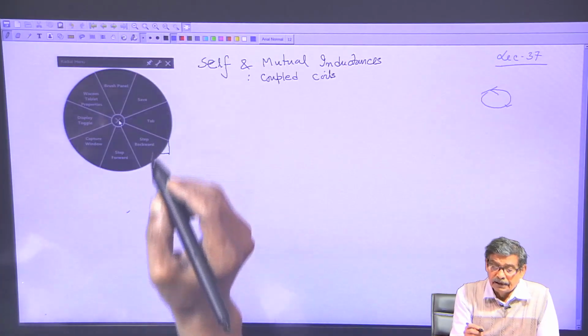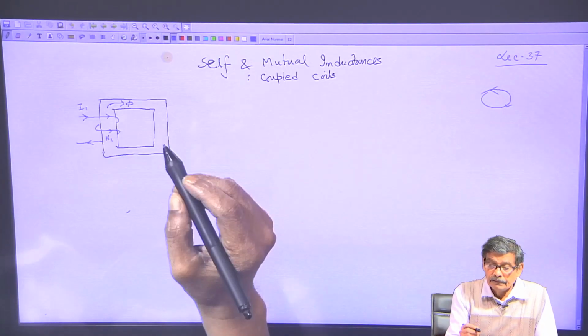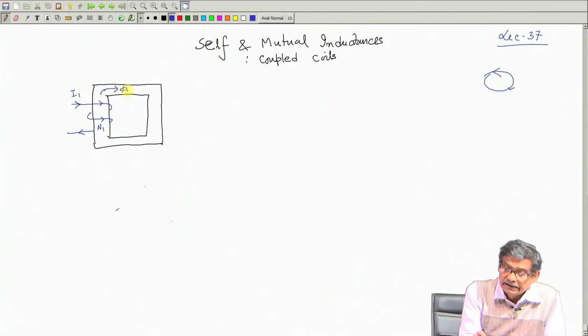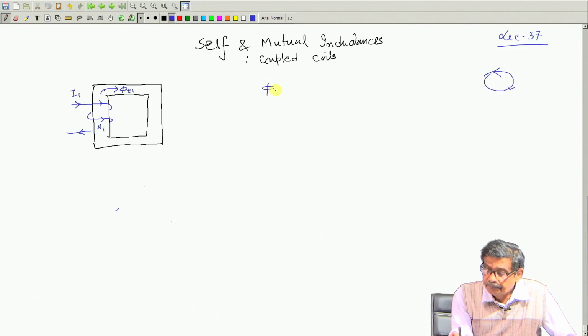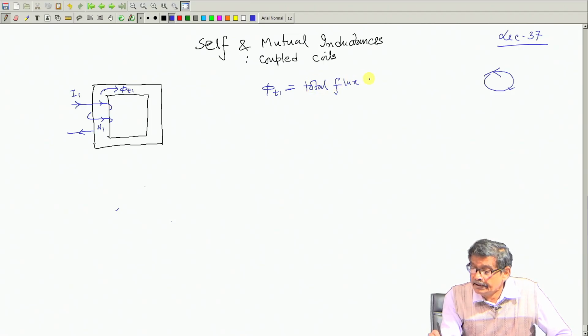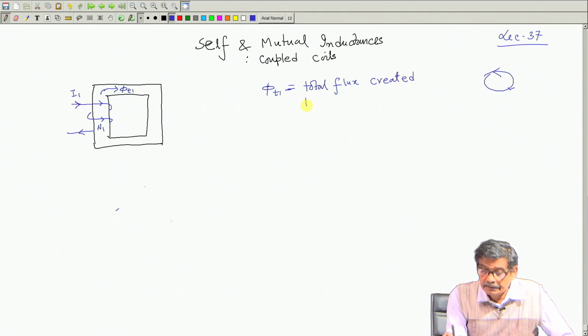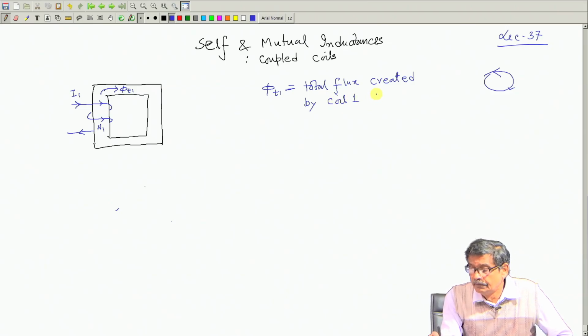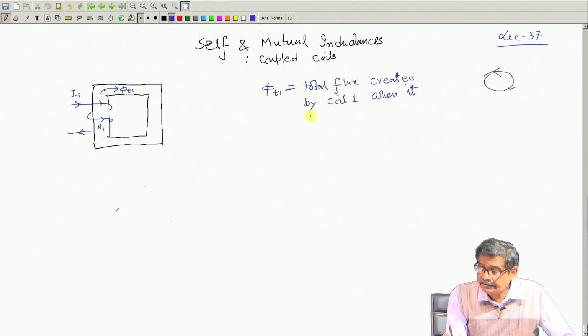This flux is called the total flux created by the coil. So, phi T 1 is the total flux created by coil 1 when it carries I 1 current.